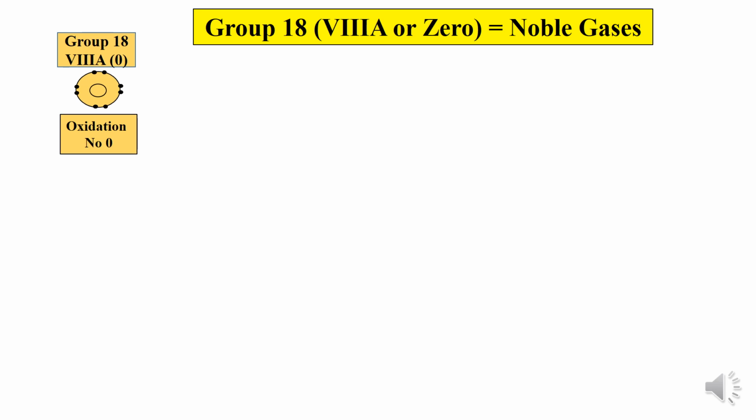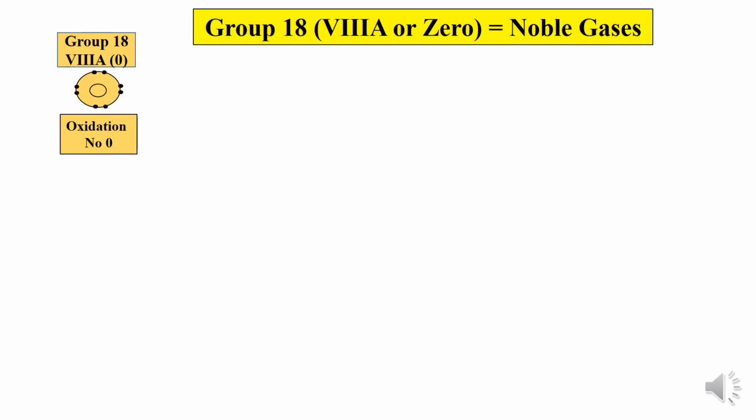Now, an outstanding feature of group 18 elements is that they have a stable electronic configuration with a total of 8 valence electrons in their outermost shell, and therefore they neither gain any electron, nor lose any electron, nor share any electron, and that is why they do not participate in any reactions.